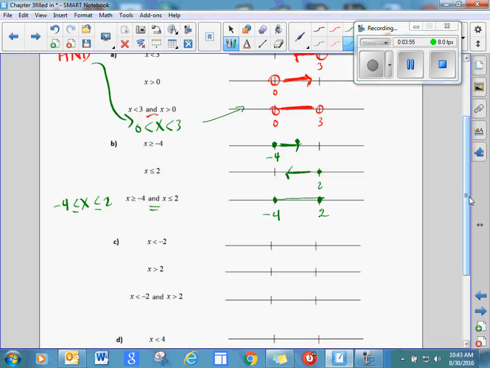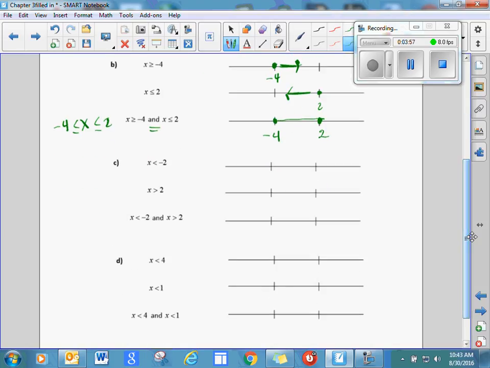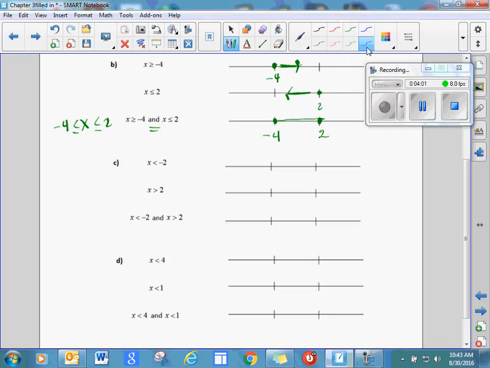Let's look at C. I'll go get another color. I like blue. Okay, so here we go. We'll go a little bit quicker. x is less than -2. There's -2. I want all the points that are going in the negative direction, smaller than. Here's +2, greater than. And now I want to go graph my solution.